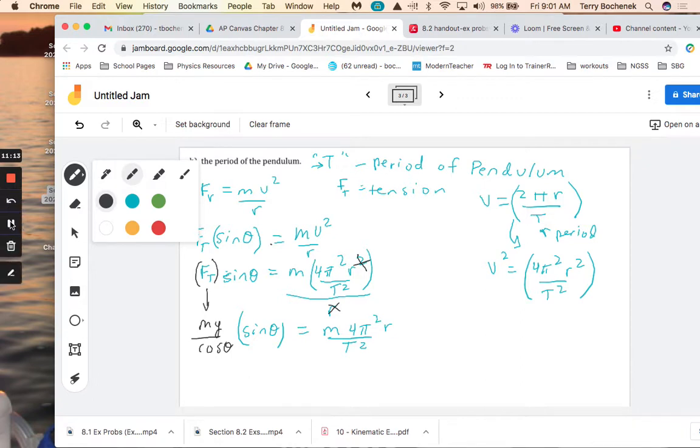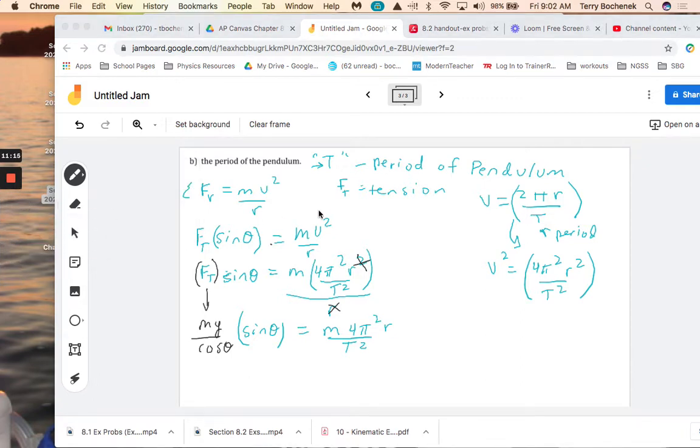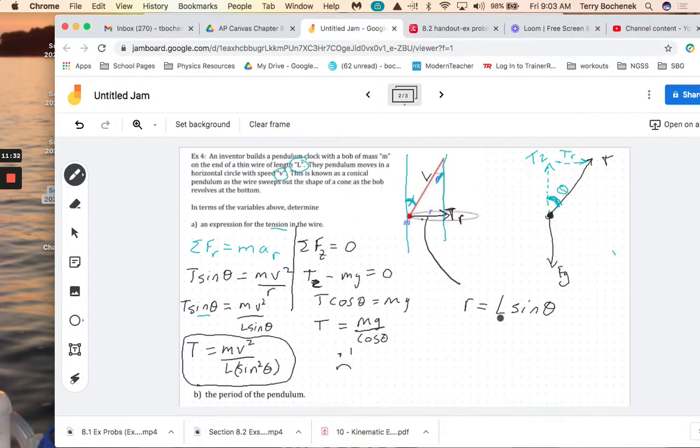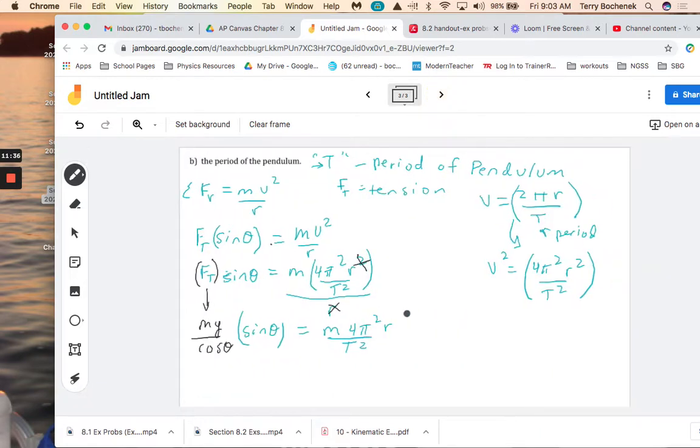Okay, I'm back. A little cough, clear the throat break. This R floating around here. If you remember, back here we eliminated R by putting things in terms of L, and R is L sine theta. So I'm going to keep up with that as the way that the question was stated.